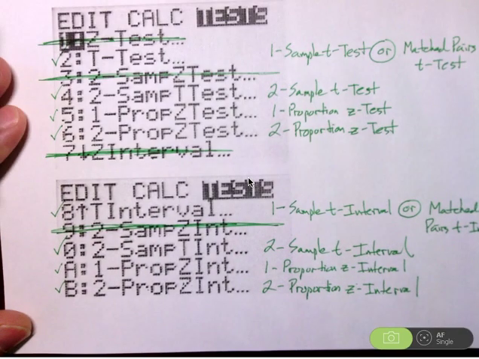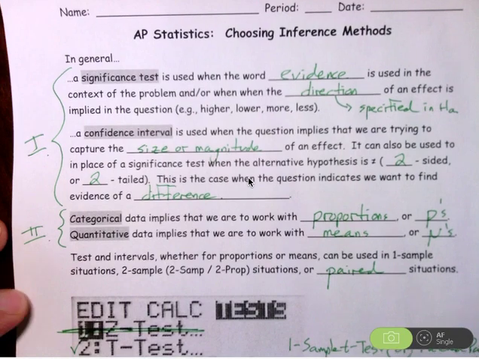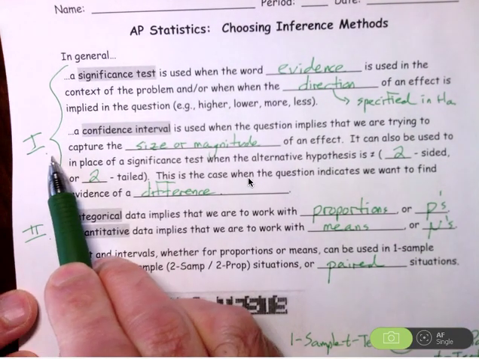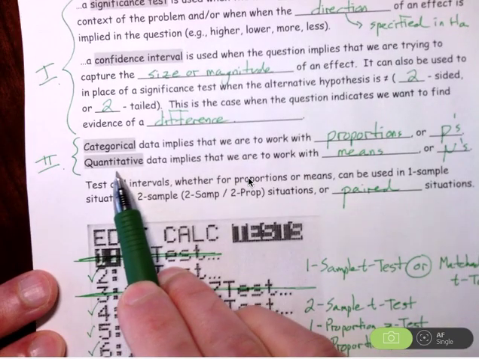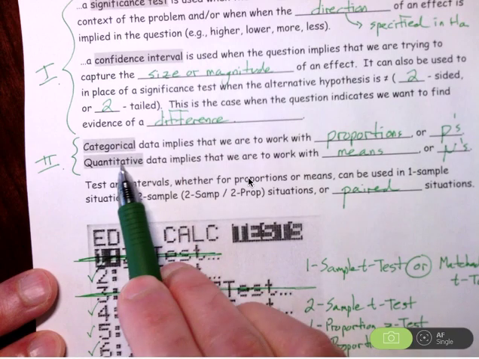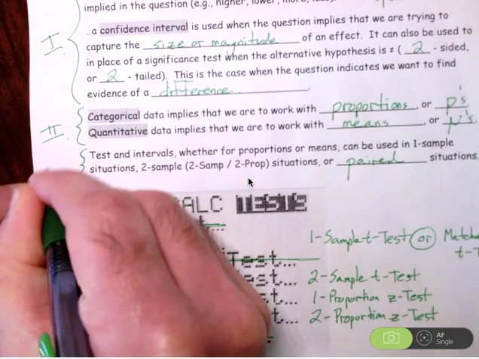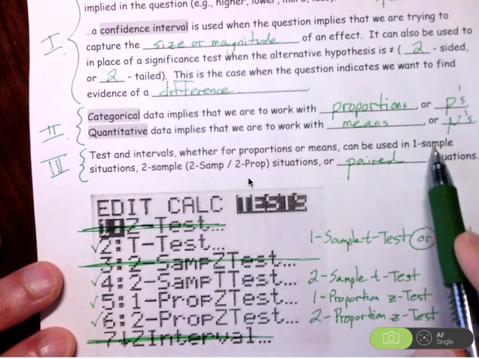So, bottom line, when you are trying to choose an inference method, these are the three things that you need to consider. Number one, does the context suggest we need a test or a confidence interval? Number two, are we going to be working with categorical or quantitative data here? And then number three, based on the scenario, is this a one sample situation?